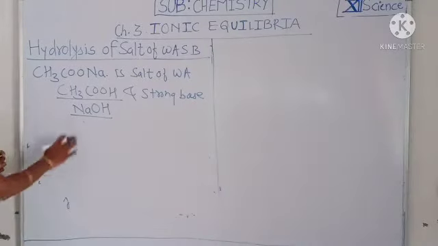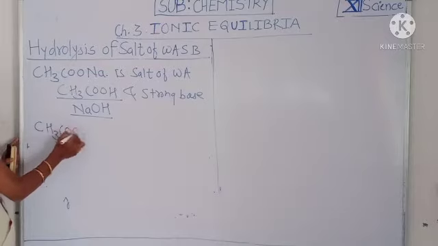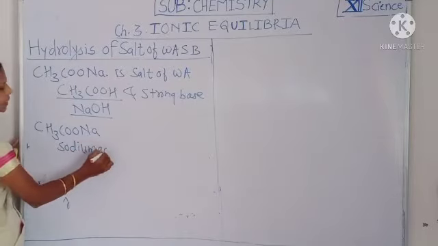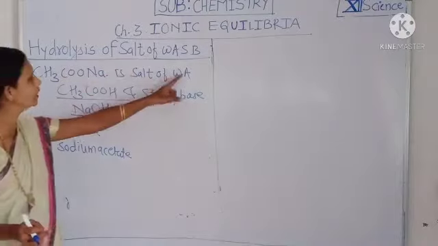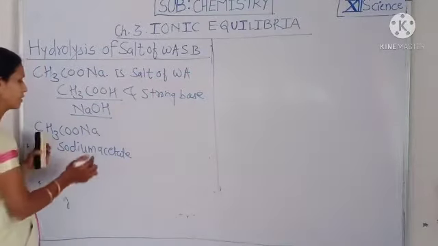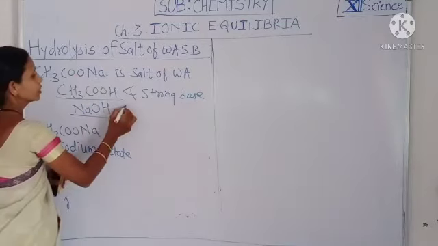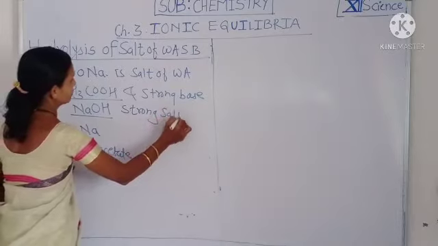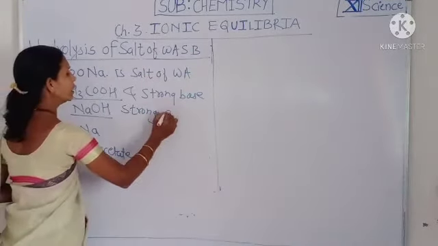Then see here, CH3COONa, that means sodium acetate, as it is a salt of weak acid strong base, is a strong salt or strong electrolyte. It is a strong electrolyte.